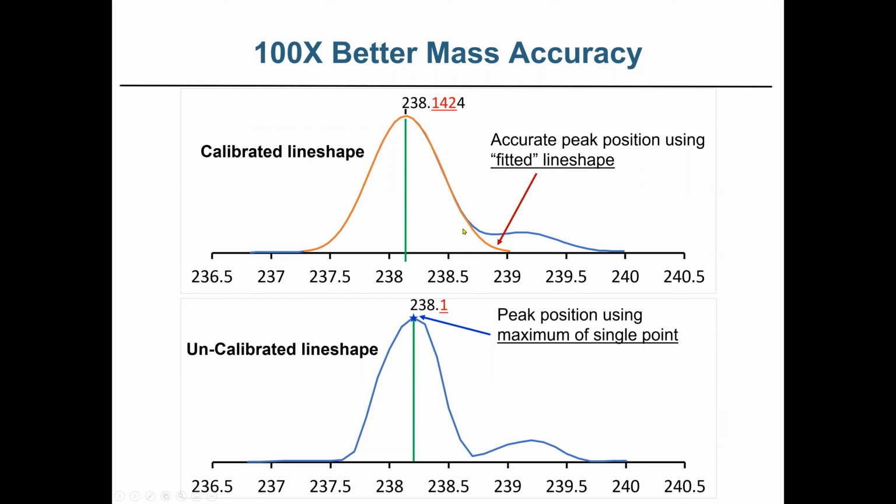That's much more accurate than a single peak, because you're taking advantage of the noise and the shape and so on and so forth. So that now gives us the ability to get mass accuracy on a quadrupole down to about the third decimal place. That's about 100 times better than we get on a normal uncalibrated quadrupole mass spectrometer.